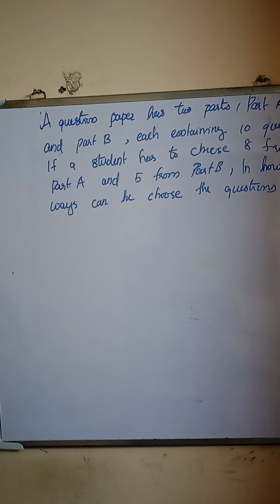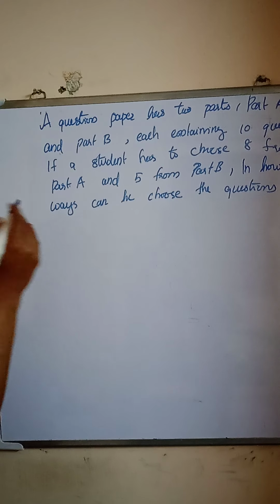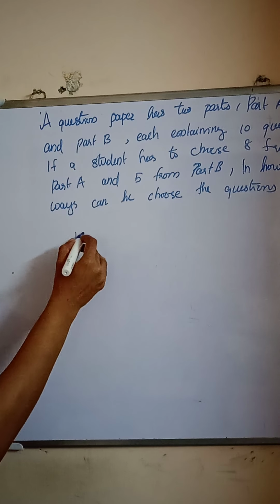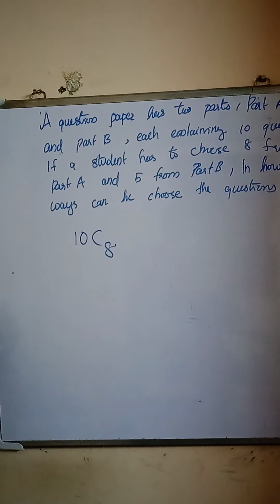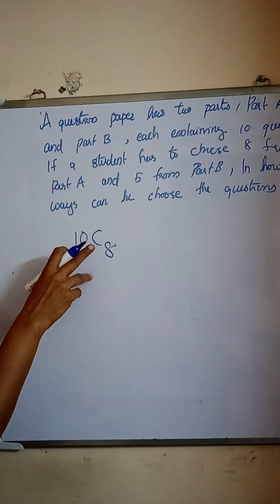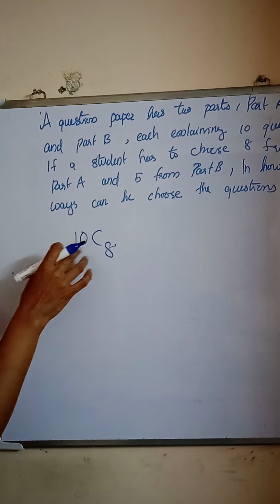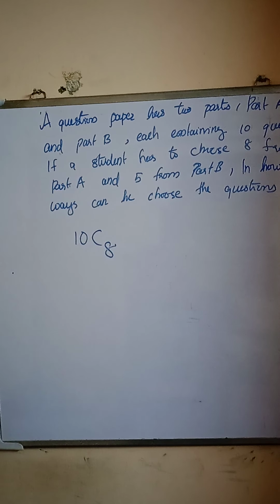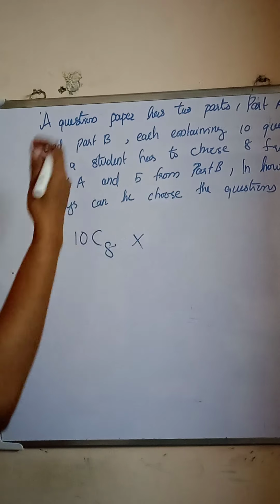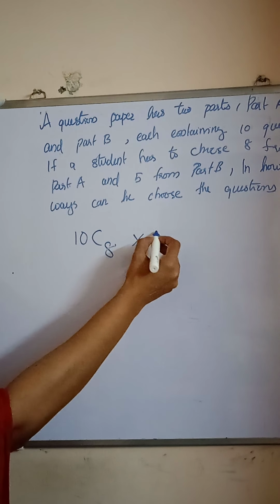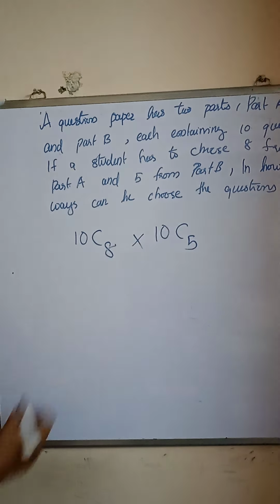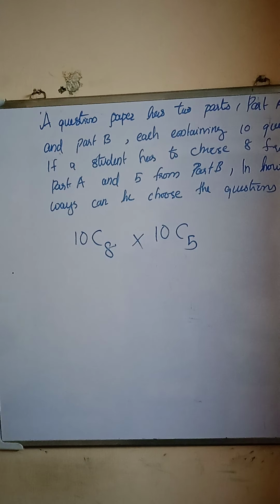The student can choose 8 questions from 10 in part A, so he has 10C8 combinations. And from part B he has 10C5 combinations, that is choosing 5 questions from 10. So 10C8 into 10C5.